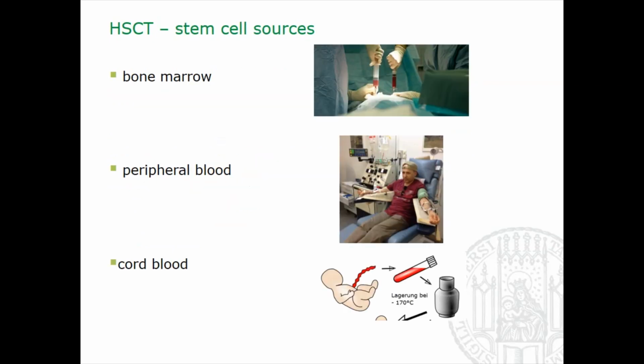There are three different basic sources where we can get these stem cells from. We can harvest them from the bone marrow, which would be done under general anesthesia, as it is quite painful, and you need quite a bit, actually.